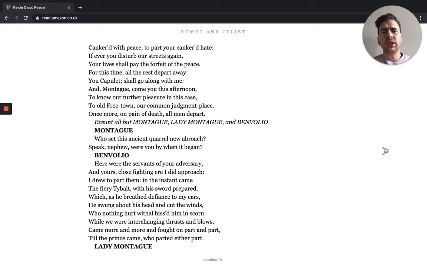If ever you disturb our streets again, your lives shall pay the forfeit of the peace. For this time all the rest depart away. You, Capulet, shall go along with me. And Montague, come you this afternoon, to know our further pleasure in this case, to old Freetown, our common judgment place. Once more, on pain of death, all men depart.